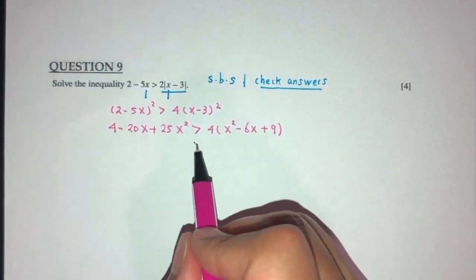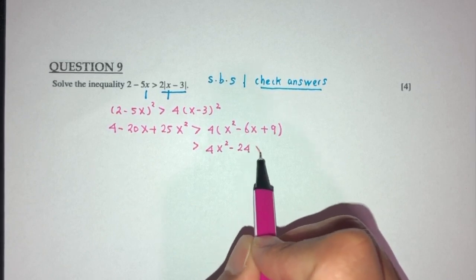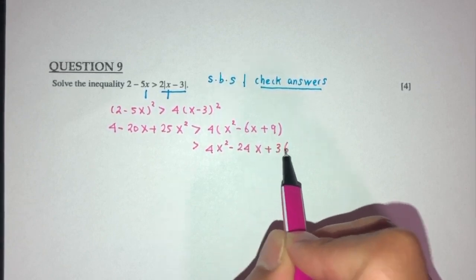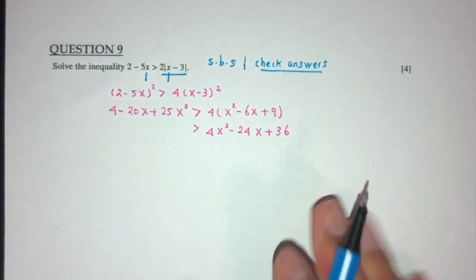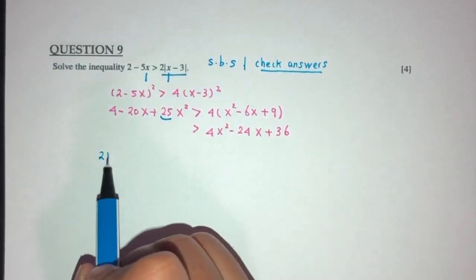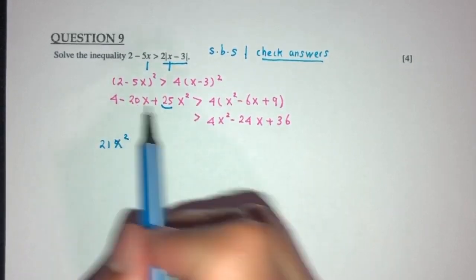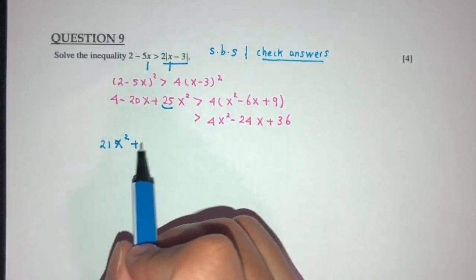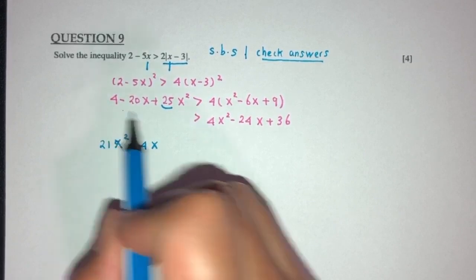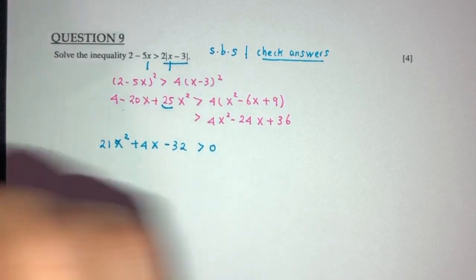Now simplify, obviously, this will become 4x squared minus 24x plus 36. Now send everything to one side. We have 25 minus 4, which is 21x squared, minus 20 plus 24, which is plus 4x, and 4 minus 36, which is minus 32, more than 0.